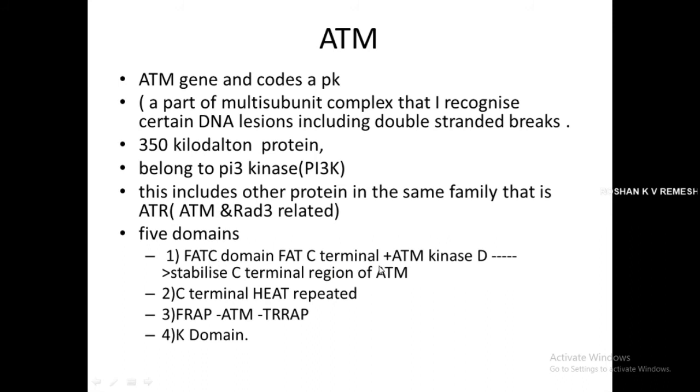This FAT-C domain interacts with the ATM kinase domain. So this FAT-C stabilizes the C-terminal region of the ATM. Another domain is the C-terminal HEAT repeat domain. The third domain is the FRAP-ATM-TRRAP domain. And the fourth domain is the kinase domain. So these are the domains of ATM.